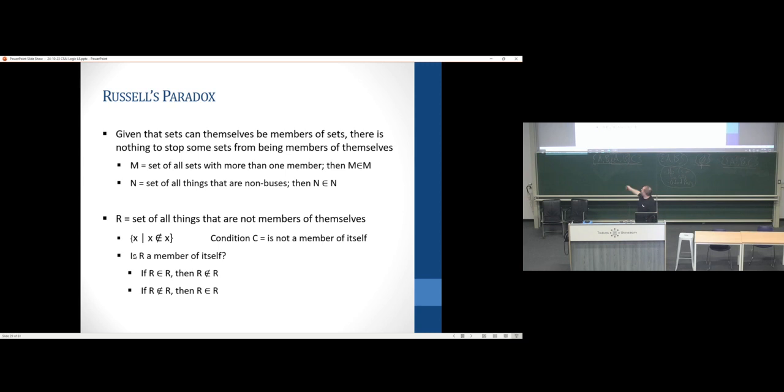So let's have R be defined as the set of all things that are not members of themselves. Right? So R is the set of all things that are not members of themselves. Well, cool. All of us are members of that set because we're all individuals and individuals don't have any members.